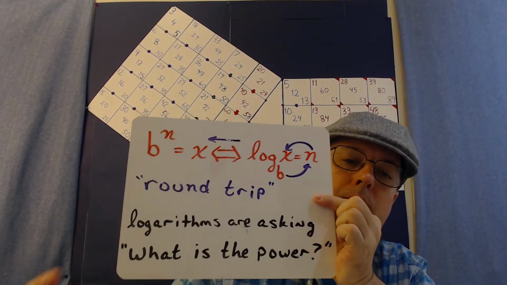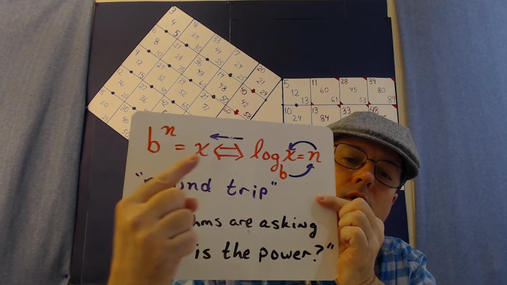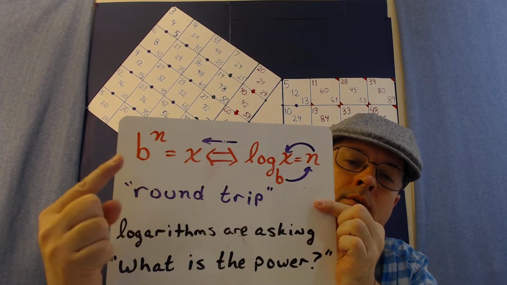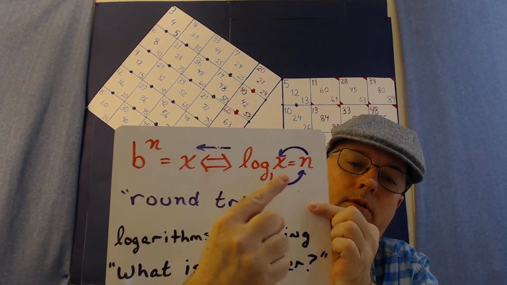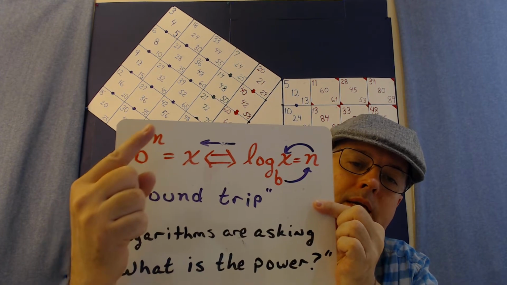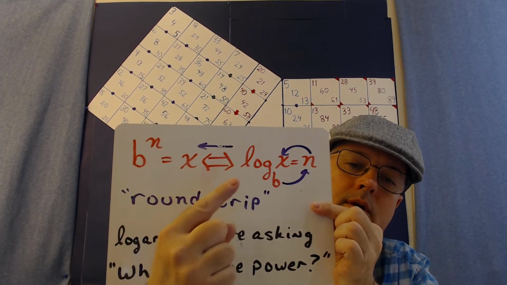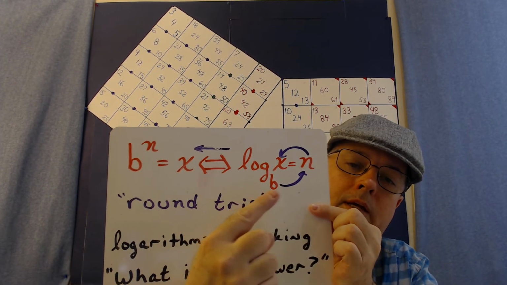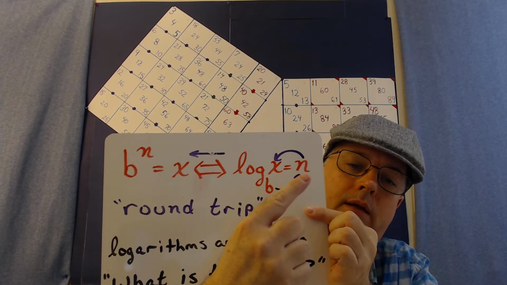And so this time around, we are going to focus on a couple things that we've talked about before. First of all, remember that our overall idea of exponents and logarithms is that if we have b to the n equals x, that means that log base b of x equals n.